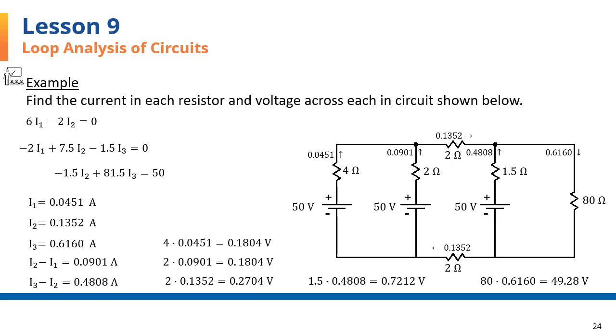And calculation for the voltages of the 1.5 ohm and 80 ohm resistors are shown here. 1.5 times 0.4808 for this resistor, and 80 times 0.6106 is the voltage drop across the 80 ohm resistor, which comes to 49.28.